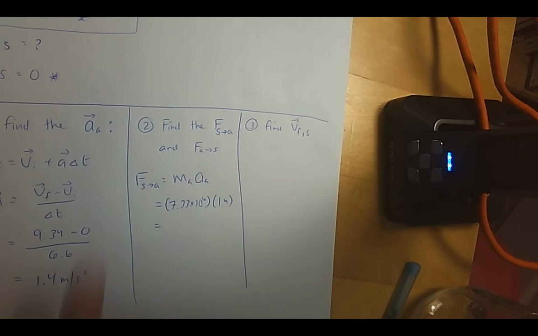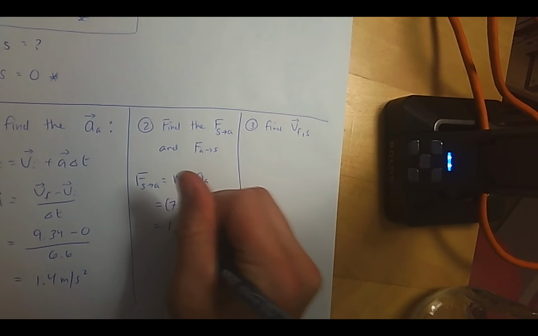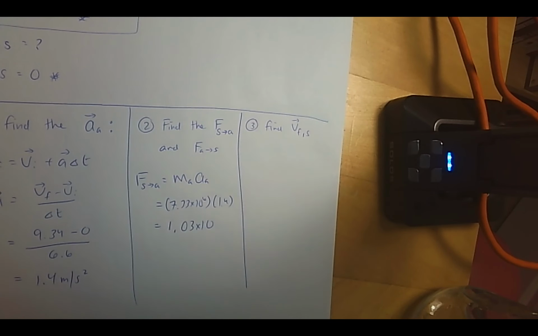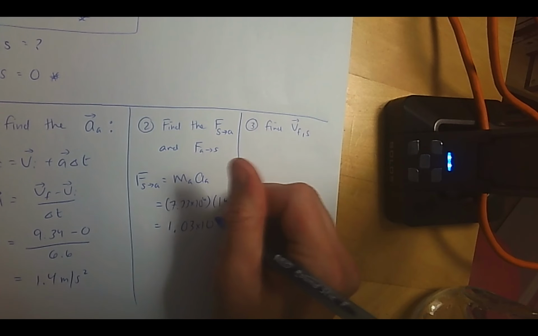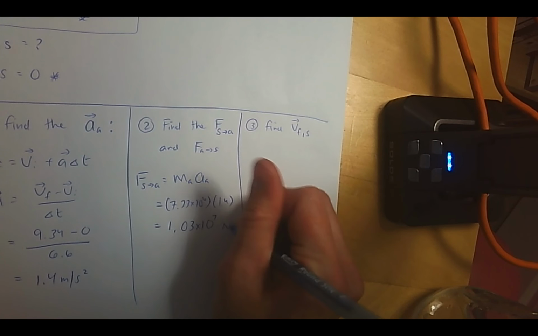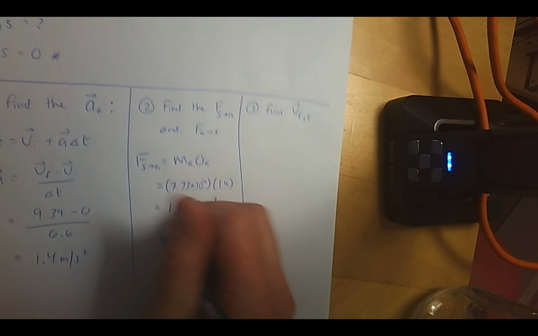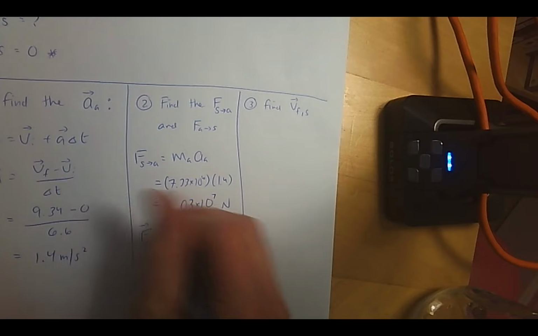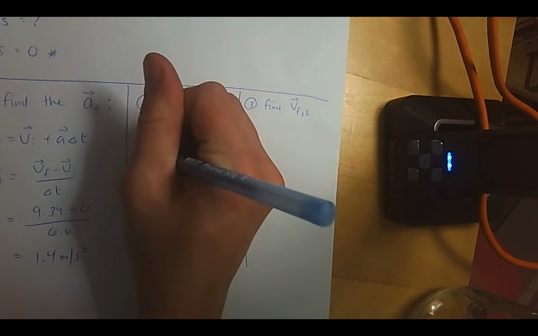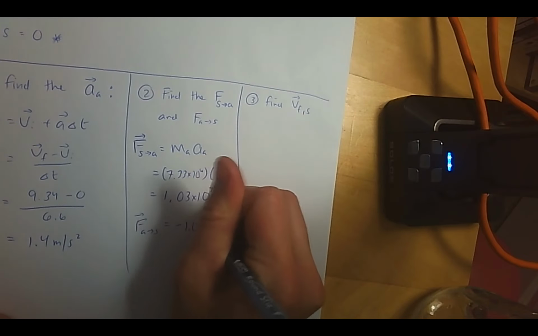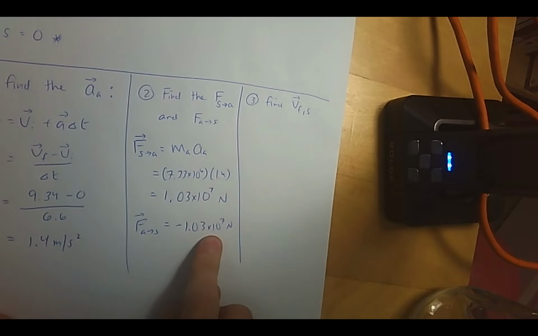So the force from Superman onto the asteroid is 1.03 times 10 to the 7th newtons. Now, the force from the asteroid onto Superman is going to be negative 1.03 times 10 to the 7th newtons, right? Equal magnitude, opposite in direction.